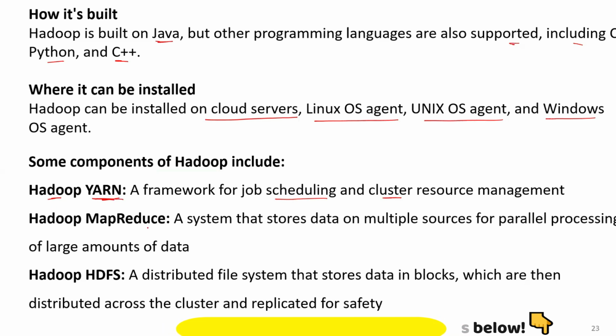Then there is Hadoop MapReduce, which stores data on multiple sources for parallel processing of large amounts of data. So that tool is called MapReduce in Hadoop.